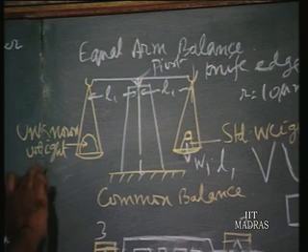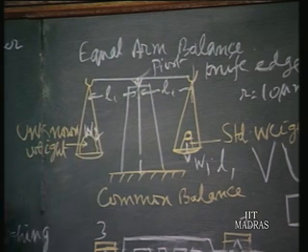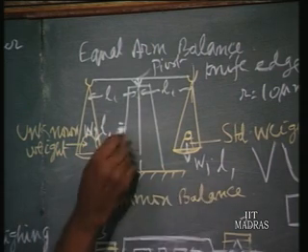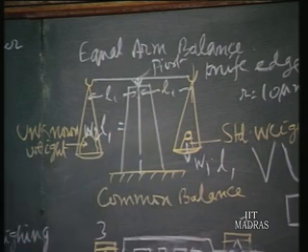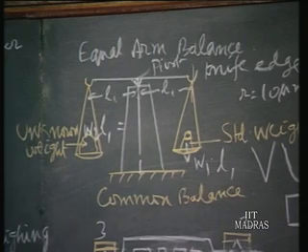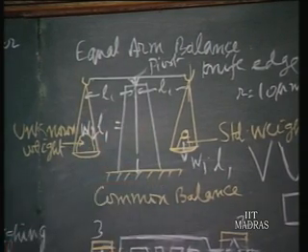Similarly, when we add a weight, this weight W2 is added until W2 into L1 is equal to W1 into L1. So in essence, the process of making or measuring a weight is the process of comparing two moments. Even though we say we are measuring mass, the instrument measures two moments.